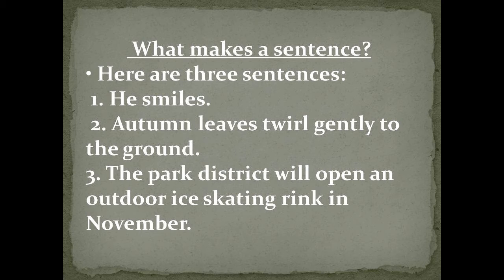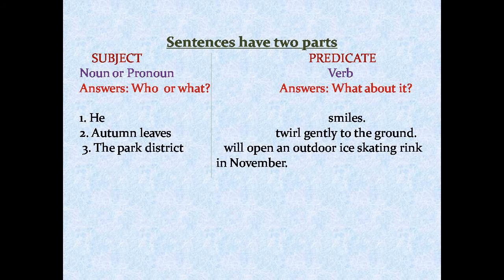We have split these sentences into 2 parts. That means every sentence is divided into 2 parts. The first part is known as a subject, and the second is known as a predicate.